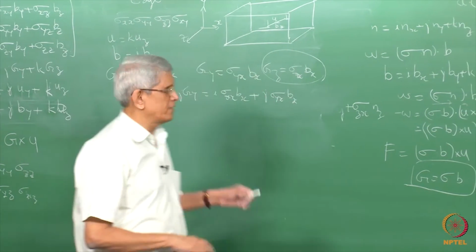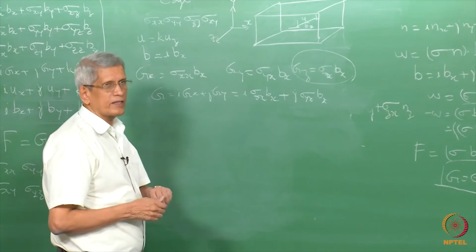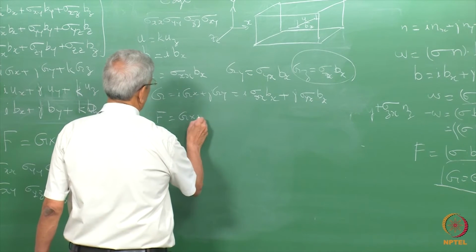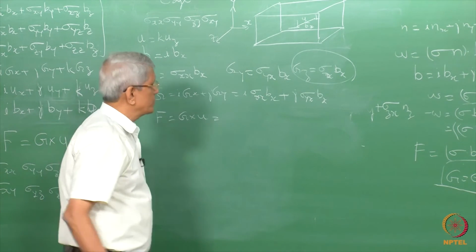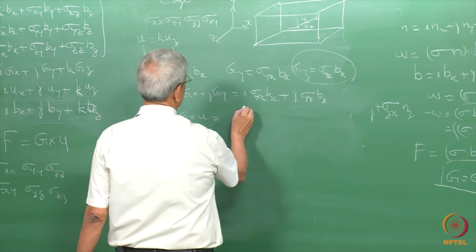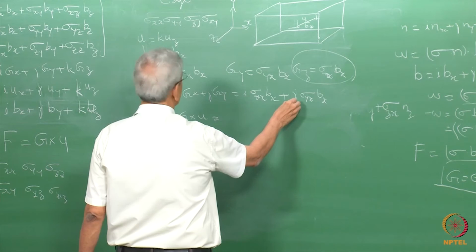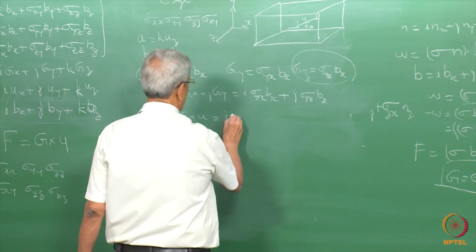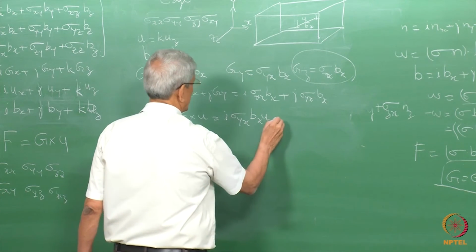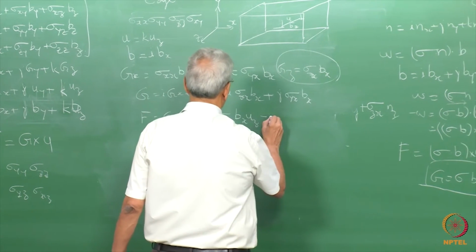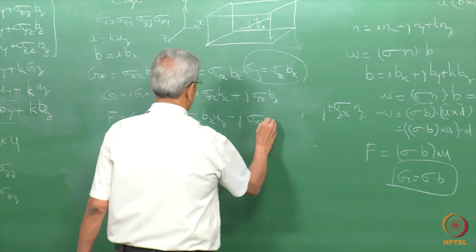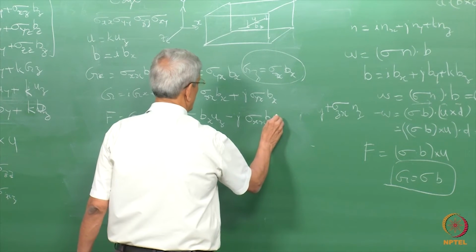Now we can find what force is going to act on the dislocation. That force is given by G cross u. Here again, taking the cross product, i cross k will be minus j, and j cross k will be i, so we get i into sigma yx into bx into uz minus j into sigma xx into bx into uz.